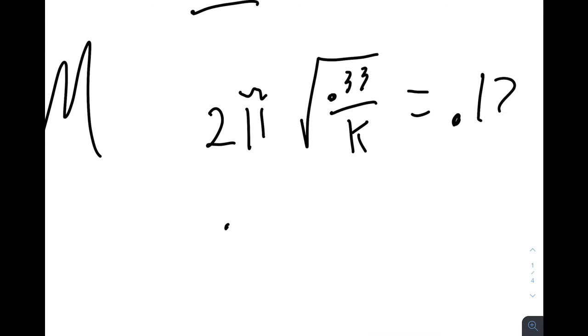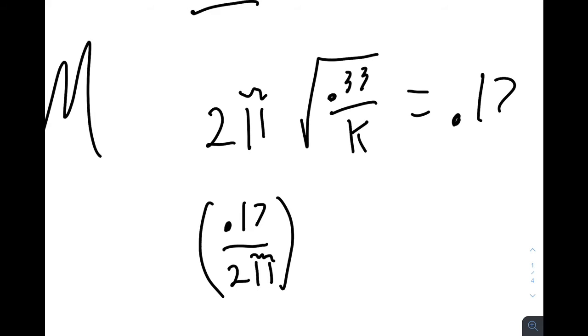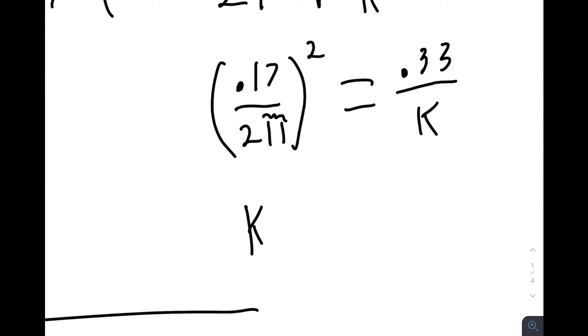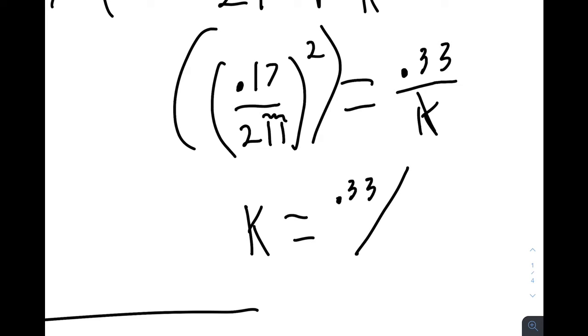All we have to do is have 0.17 over 2 pi, squared to take care of that square root, is equal to 0.33 over k. So multiply k on each side, and divide by this, which gives us 0.33 over 0.17 over 2 pi squared.